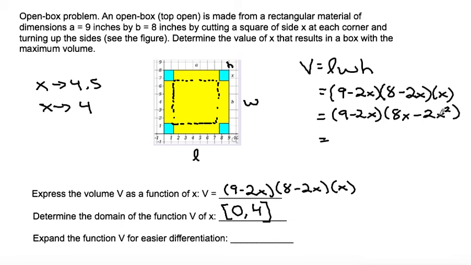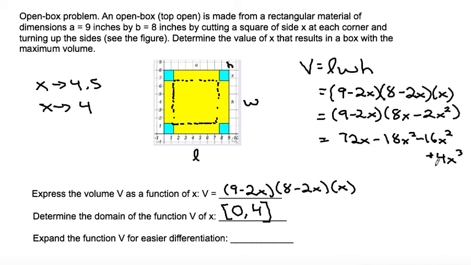Now that we've gotten it down to 2 parentheses, we can use FOIL. 9 times 8 is 72, so 72X, then 9 times negative 2X squared is negative 18X squared. Then we have another negative 16X squared, and then a plus 2 times 2 is 4, and X times X squared is X cubed.